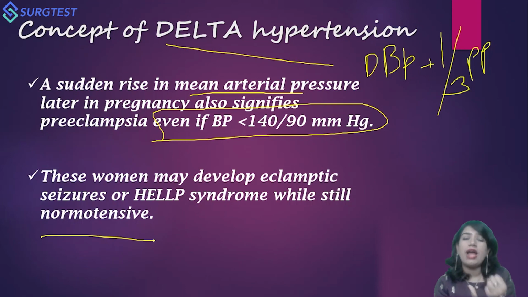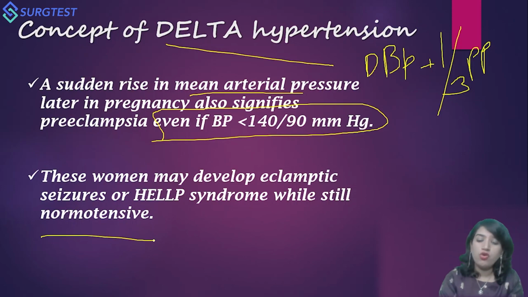So these are a handful of enigmatic and elusive cases you have to diagnose based on the mean arterial pressure findings, and you do not rely on the absolute value of blood pressure either for systolic or for diastolic.